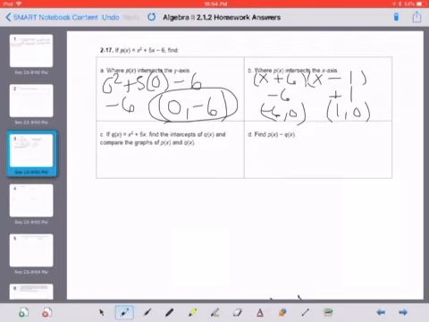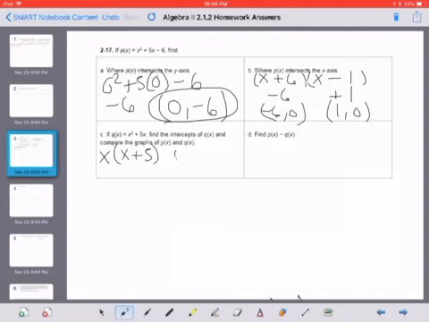Then it says, find the intercepts of q of x and compare them to the graph. So for a different graph, x squared plus 5x, we want to find the intercepts. So we could pull out an x and get x plus 5.